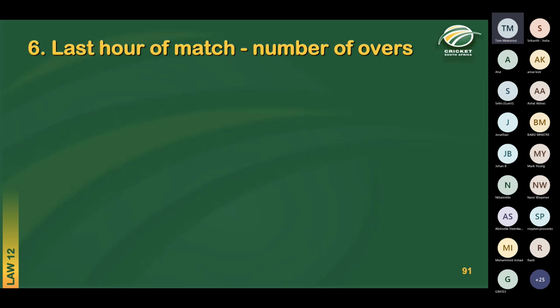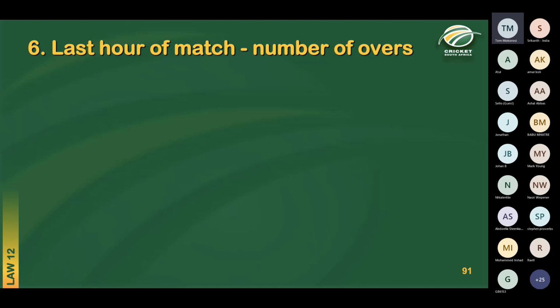Because that last hour is scheduled to start at 4 p.m., but remember that these 90 overs are not specific to either team bowling, it's for the entire day's play that 90 overs need to be bowled. The playing condition says that the last hour will only commence when 75 overs in the day have been played.